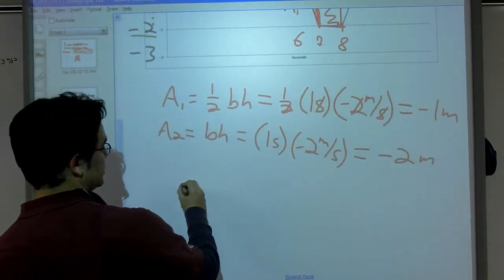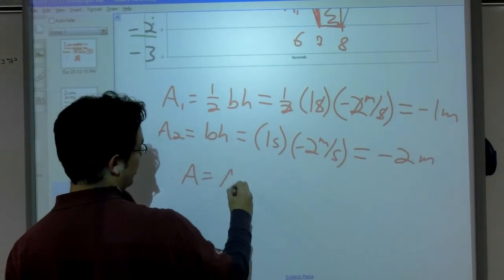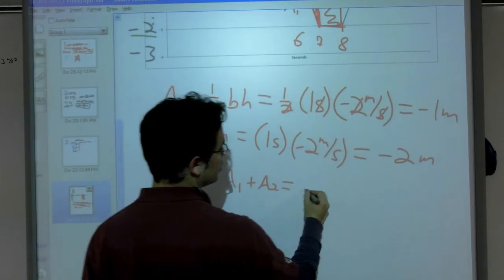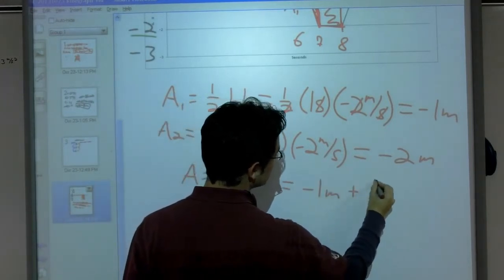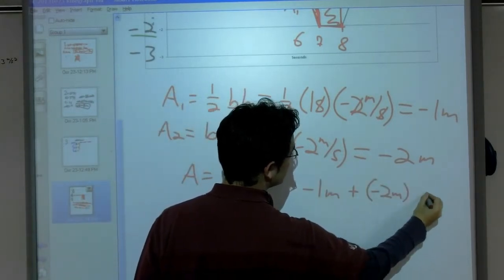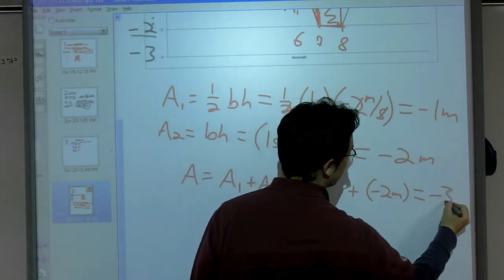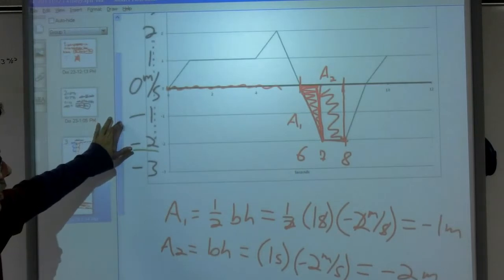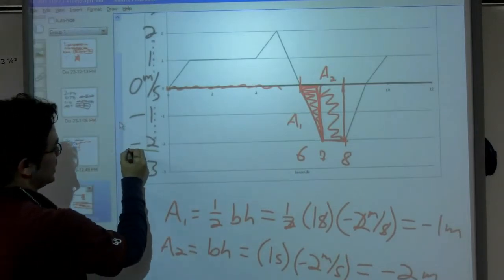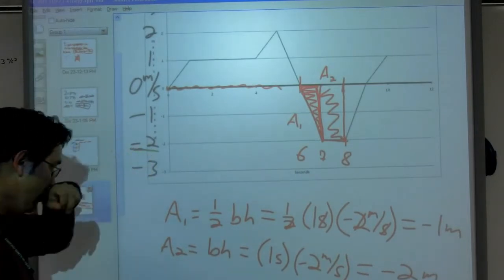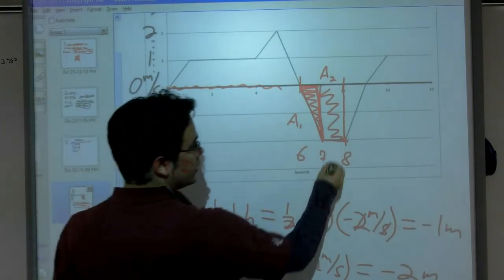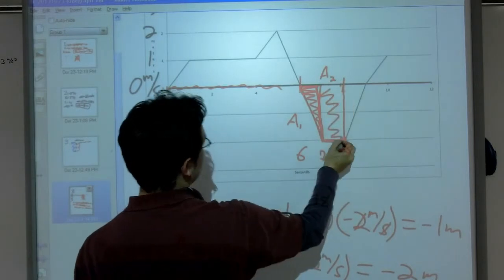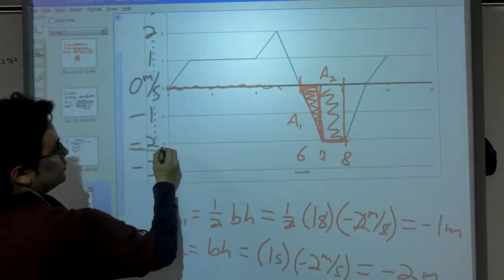So my total displacement area, my total area, is area 1 plus area 2, which is going to be equal to minus 1 plus a minus 2 meters, gives me minus 3 meters. That's my total displacement. Now, if you don't pay close attention to the negative sign here, and you just treat the height as, oh, well, this is 2 meters per second tall, right?